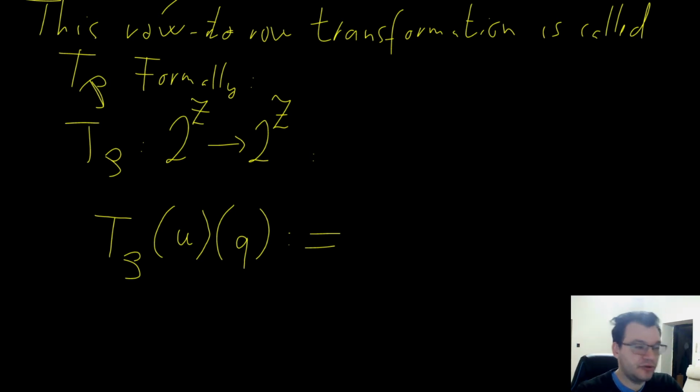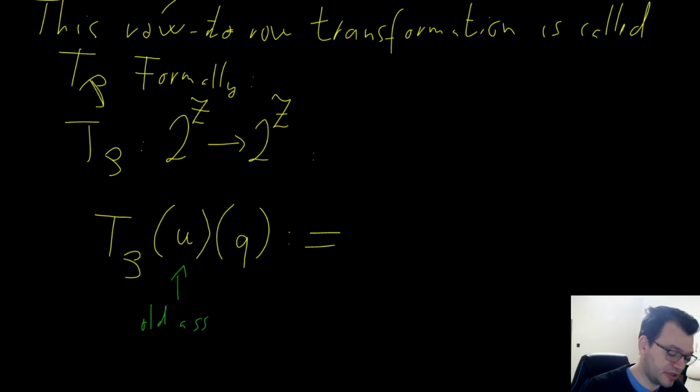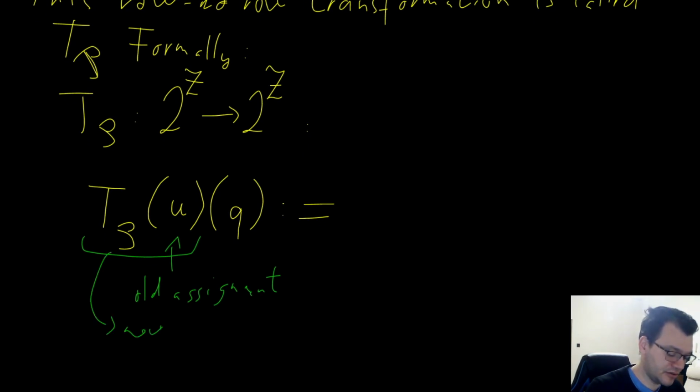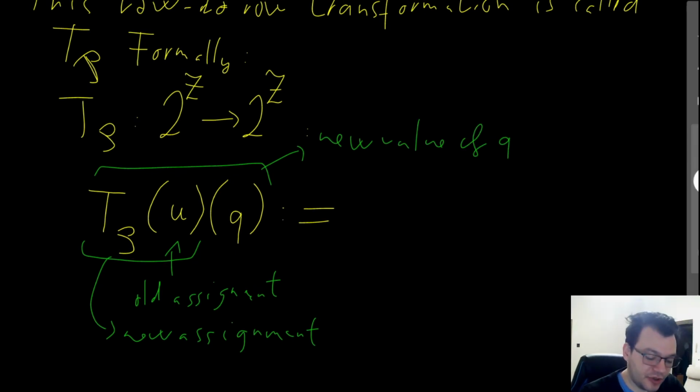So TPU of Q should be the new value of the variable Q. While U here in this formula is the old assignment, the input assignment, TPU is the new assignment we just create. Q is a variable and TPU of Q is the new value of Q.